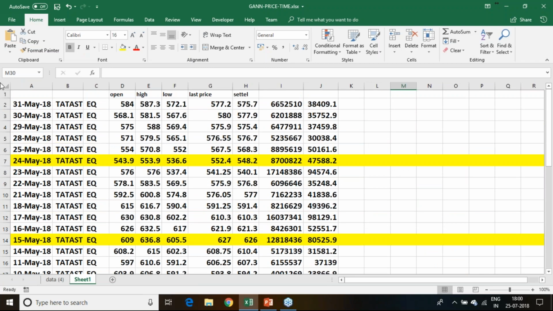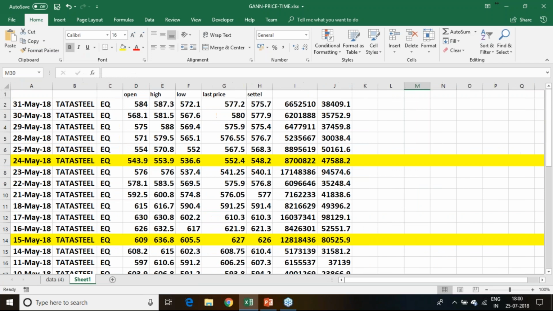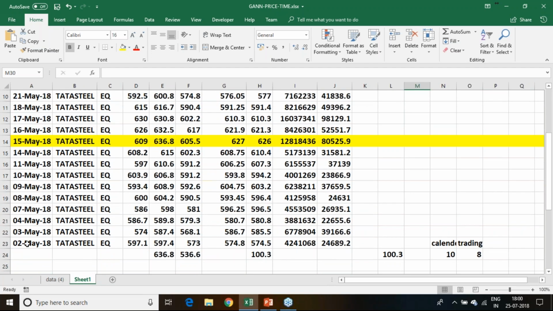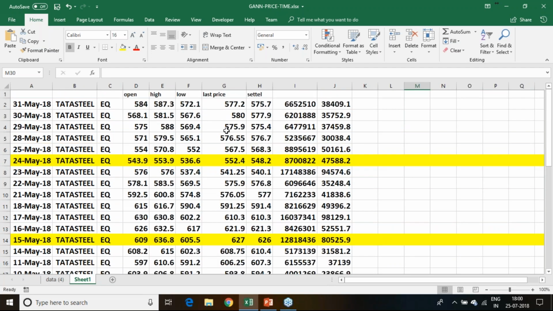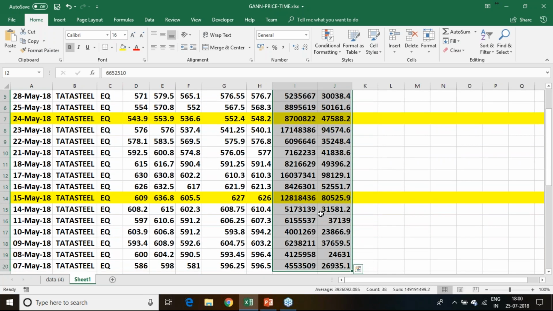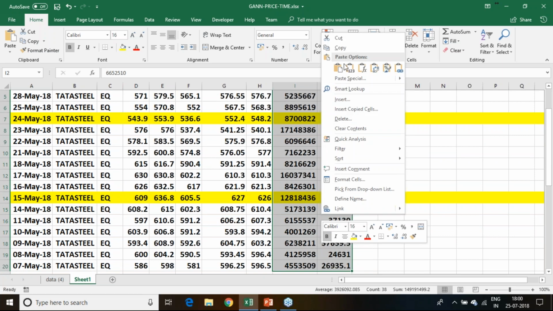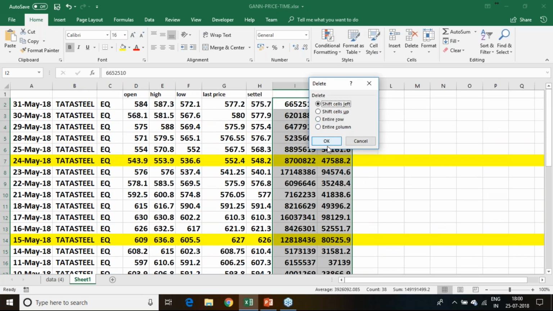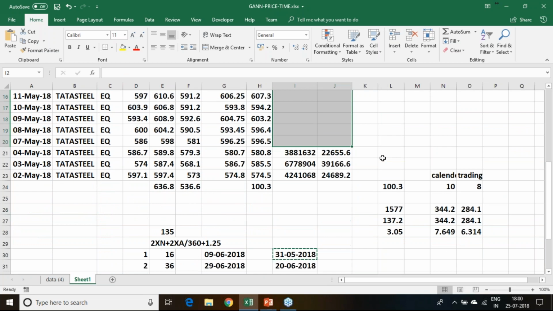I have taken the May 2018 data of Tata Steel, 2nd May to 31st May. This is past action that has happened. We have all the price data: open, high, low. Here we just require when the high was formed and when the low was formed.